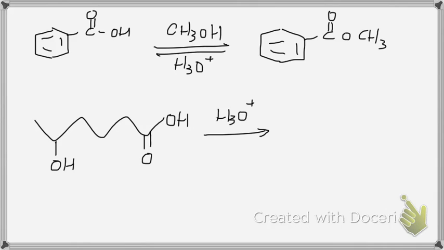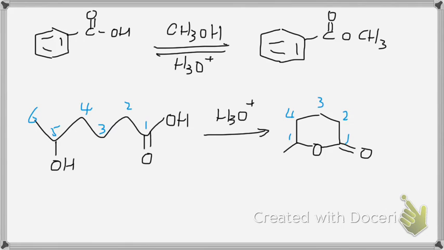And this ring will involve six atoms. 5 of them are carbons between the OH and the carboxyl. And the last atom will be the oxygen of the alcohol part. So here is the product. A 6-membered ring ester.